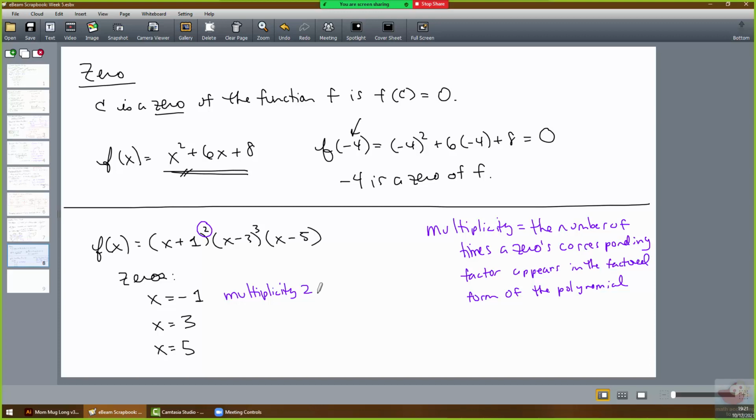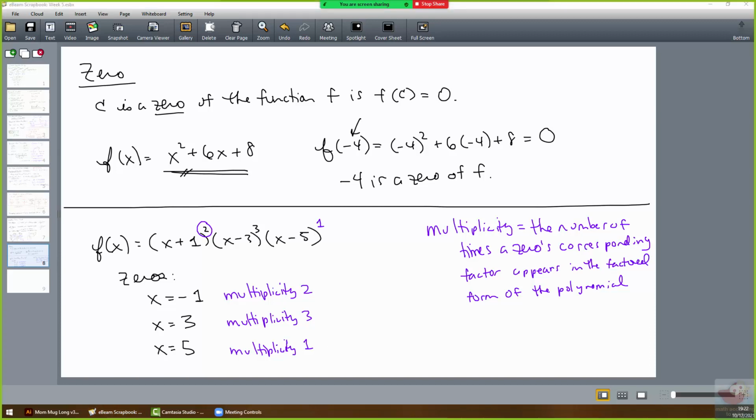Likewise, x equals 3 corresponds to the factor x minus 3. x minus 3 appears 3 times, so we would say 3 has multiplicity 3. And what's the multiplicity of 5? How many times does its factor appear? Once. Excellent. Because even though it's not written, there's technically a 1 up there. Great.